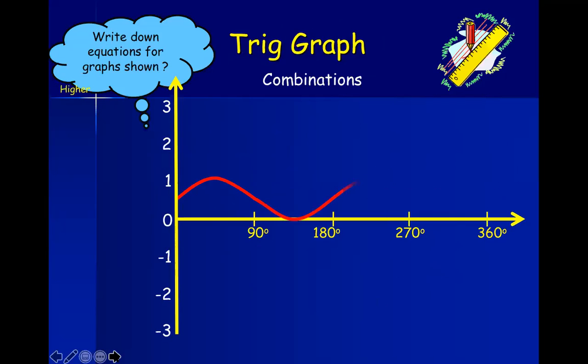So if I'm asked to write the equation of this graph, what I can see is that instead of starting at 0, the graph starts at 0.5. But I can tell that it's got a sine wave on it, but it's always above that line.